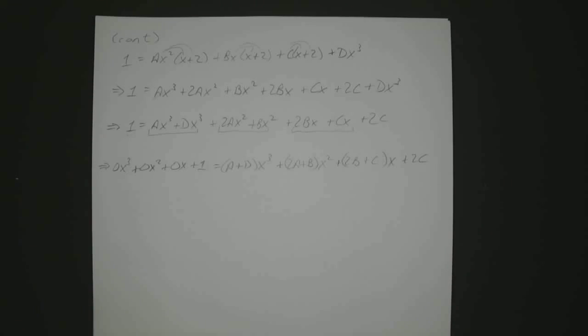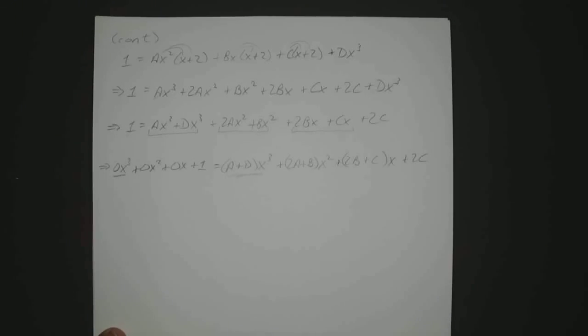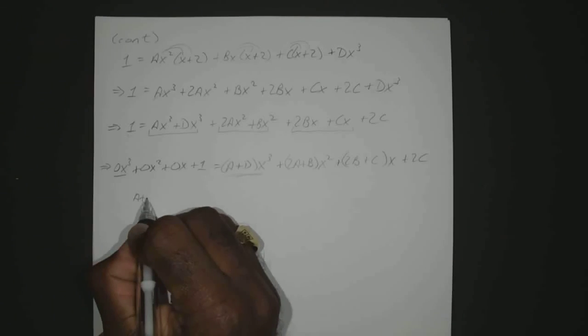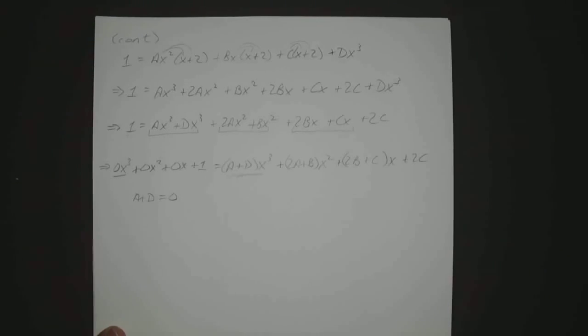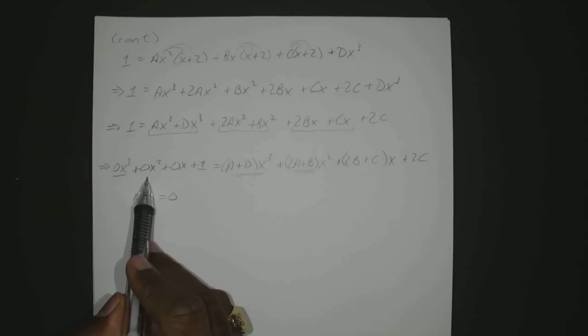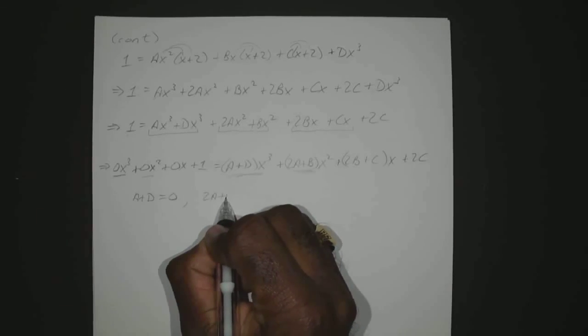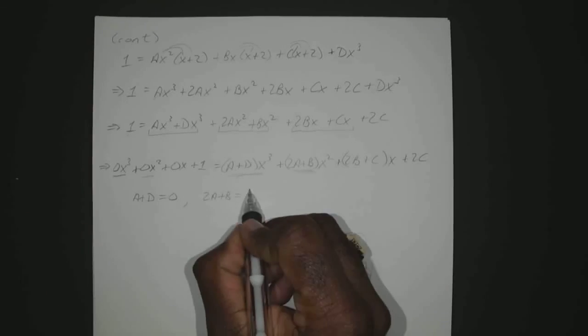Okay. So we know in order for these to be true, for x cubed to match x cubed, a plus d has to equal 0. For your x squared to match up, 2a plus b has to equal 0.